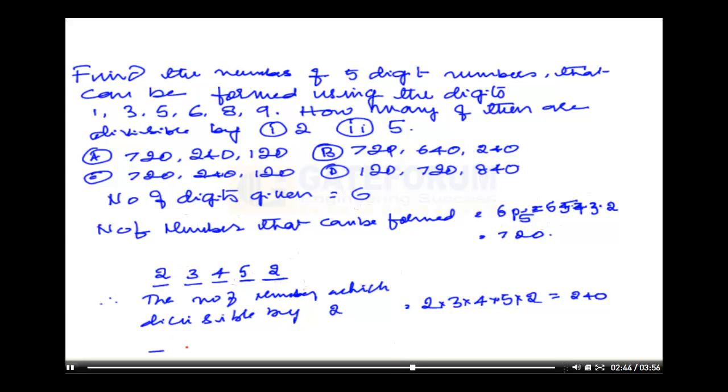Similarly, we have to find 5 digit numbers which are divisible by 5. Again, like in the previous case, we have to fill the digit in the unit place which is divisible by 5, which is possible only when you write 5 among the given digits. That is only one way, and the remaining digits can be filled in the remaining 4 places, that is any one of the 5 in the remaining, and 4, 3, 2.